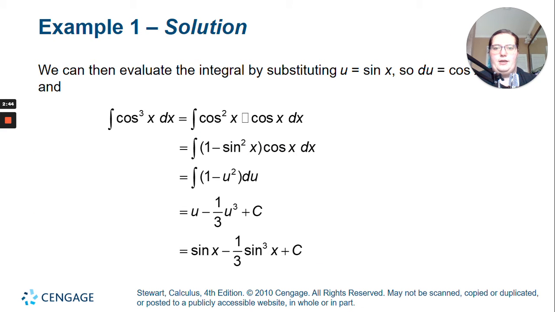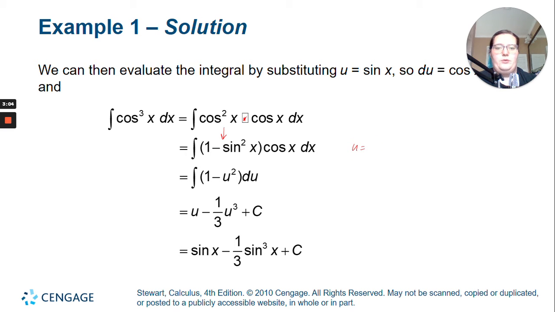And this should be a multiplication symbol right here. So I have cosine squared times cosine, which we did, so we brought one of our powers out. Then I replaced the cosine squared with 1 minus sine squared. And now I'm going to use some U substitution.